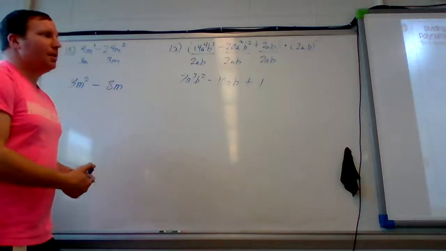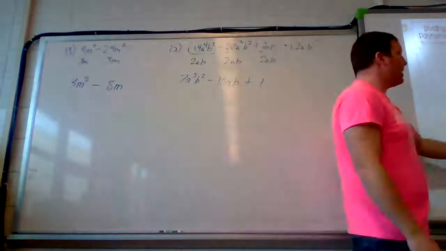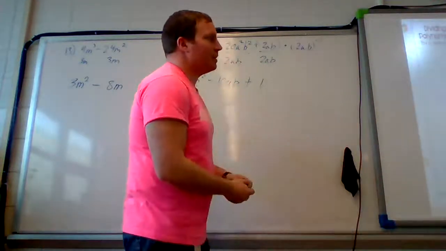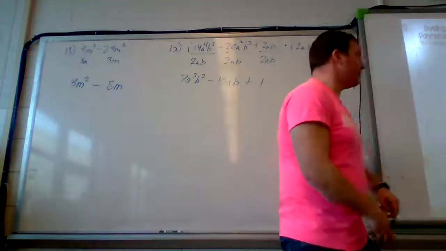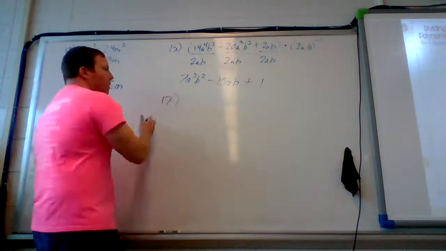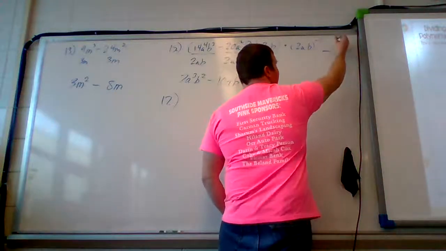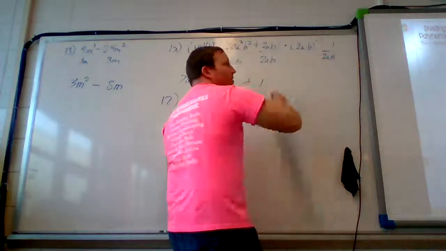Now, one thing that's different with our division, just like if you had a fraction, let's look at number 17. Where does that negative 1 go? The negative 1 just means this moves to the denominator. So we're really dividing by that 2ab.